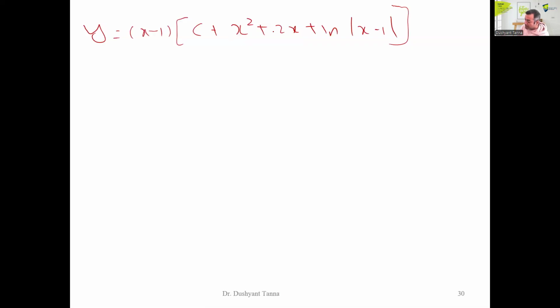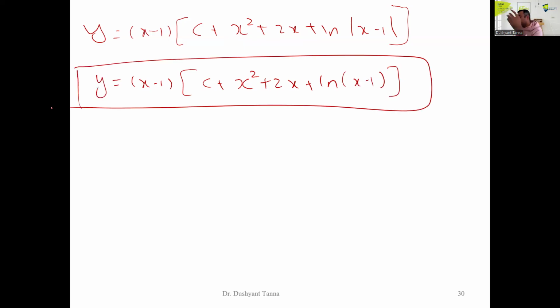Just write it a bit nicely. It doesn't make a difference, but I'm just writing it hoping that I could improve my writing. It's the same step, don't worry. You just wrote it a bit differently.